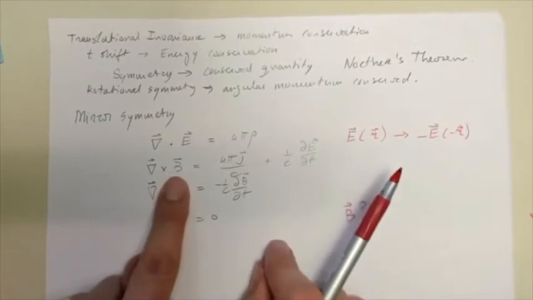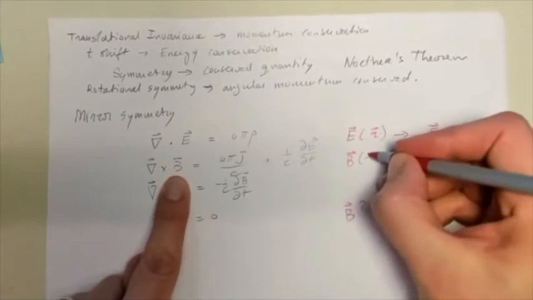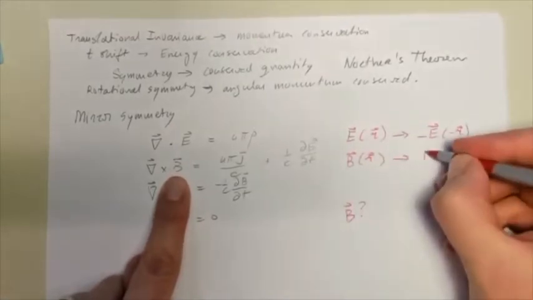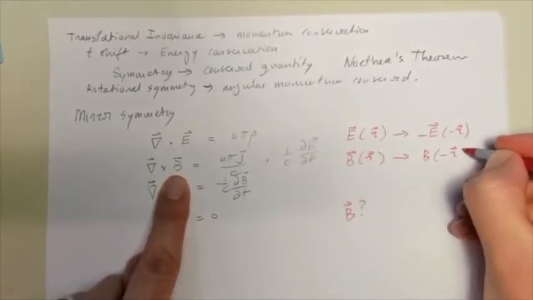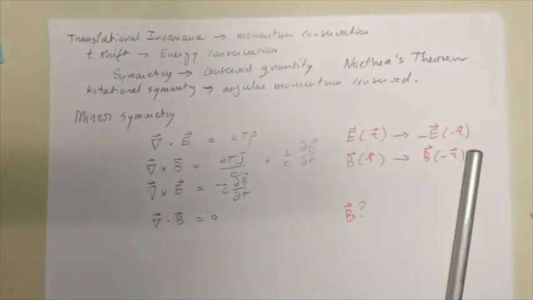Therefore, this sign cannot change. So B of R goes to B of minus R. All right. About 50% of you had that right.